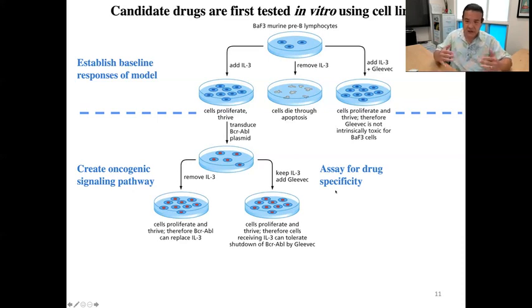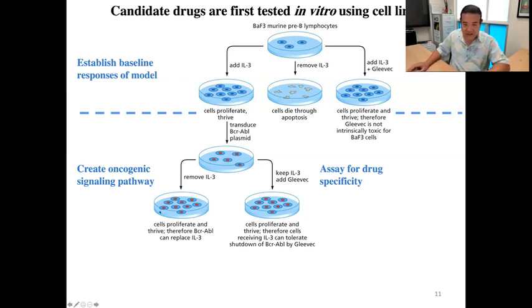Because you know that this drug specifically is supposed to target the BCR-ABL. Right? So if BCR-ABL is in there and you give it Gleevec, but you're also keeping these cells going by giving them IL-3, which is what they naturally want, you don't see any cell death, right? So that's nice. It shows you the Gleevec is probably pretty specific to the BCR-ABL.